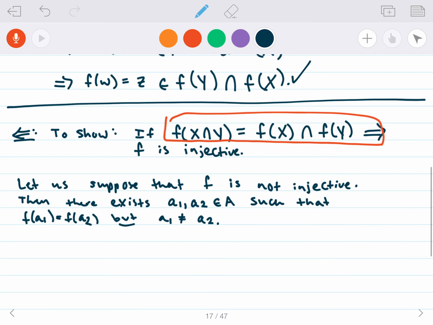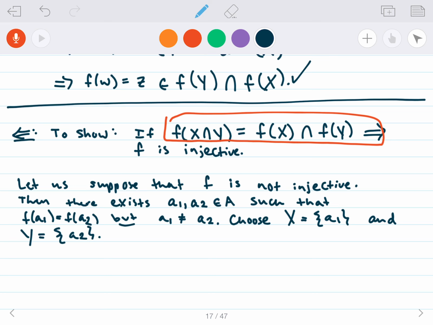Okay. So here's what we're going to do. Remember that this property should hold for all capital X and capital Y in capital A. So the idea here is we can choose capital X equal to the set {a1}, that's a subset of capital A, and capital Y to be the subset containing a2.